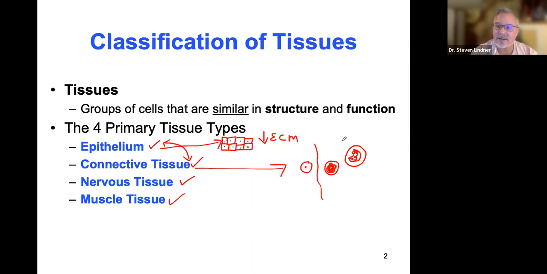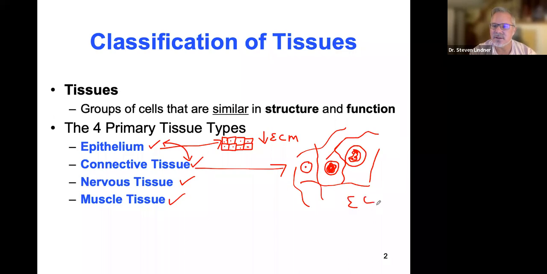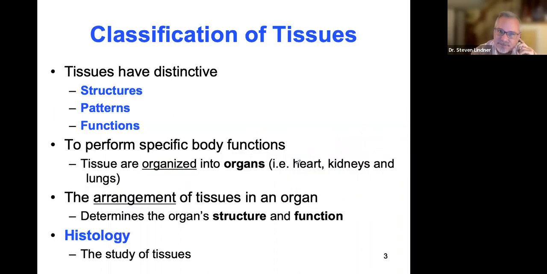And we have lots of extracellular matrix, right? We have lots of liquid and plasma. In this case, if we're talking about blood, it's the plasma, which is the extracellular matrix. And in connective tissue, there's lots of it, lots of ECM, and the cells are not closely packed together. Those are 2 very important features.